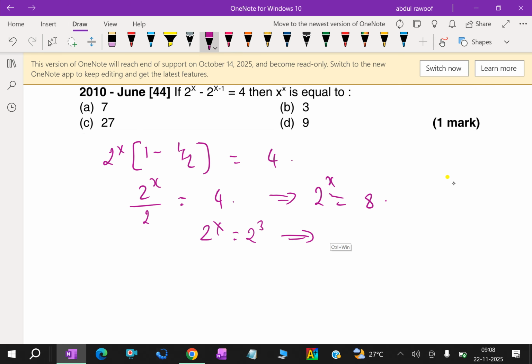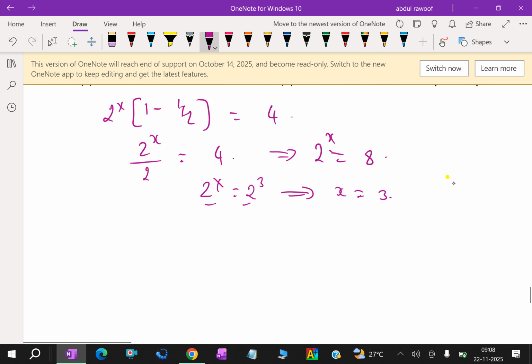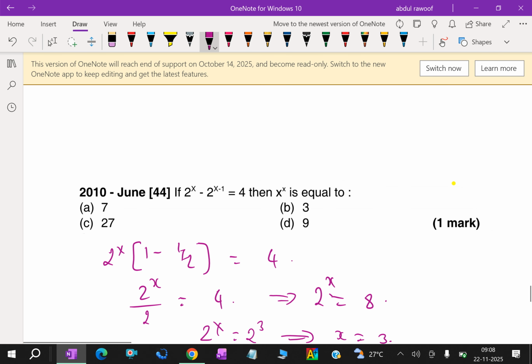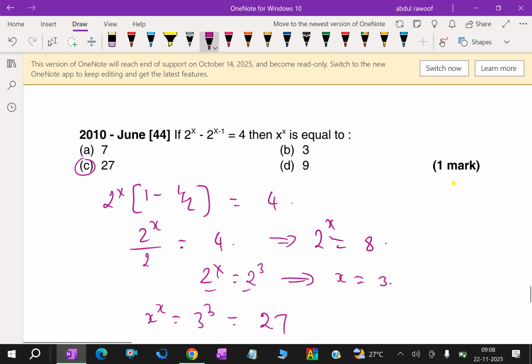Both bases are the same, so equating powers, x equals 3. Then we have to find the value of x power x. x power x is 3 power 3, which is 27. Option C. Next question.